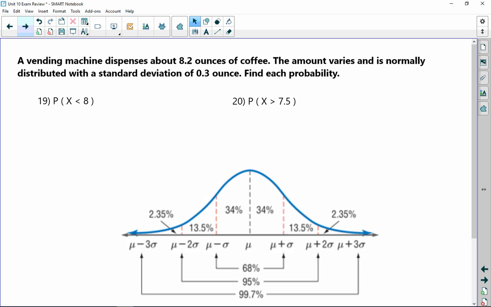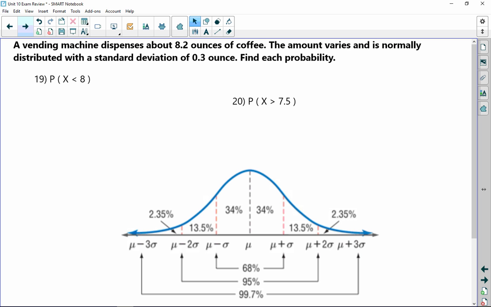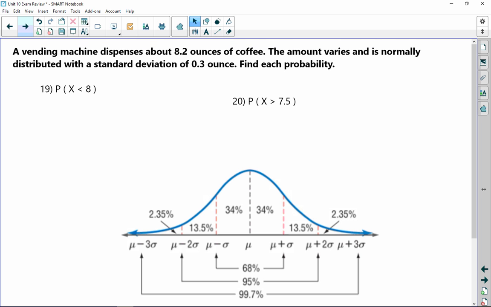Okay. You want me to work this one real quick? Yeah, we can do that. Okay, this is one of the harder ones. Okay, so my middle.